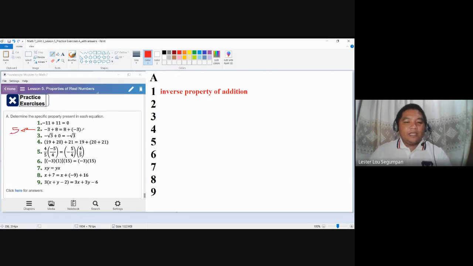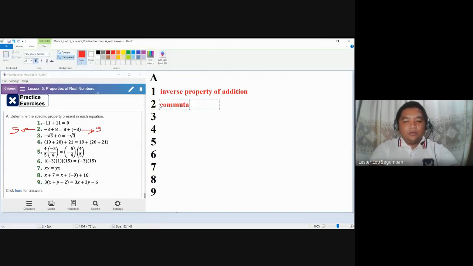And if we take the right-hand side, 8 plus negative 3, the result is also 5. That's why they are still considered an equation. So if we're talking about just simple rearrangements of addends, the property being covered here is the commutative property. Specifically, since the operation here is addition, we have the commutative property of addition.